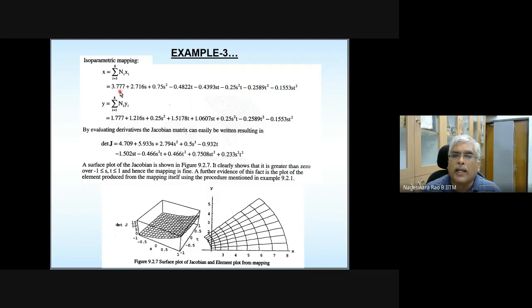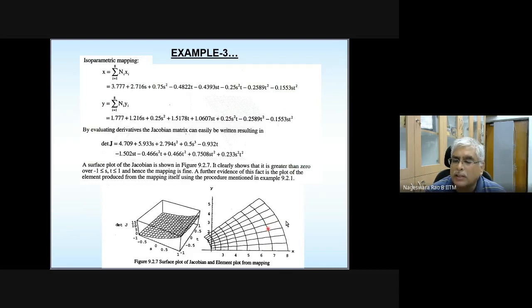Or you can plot X and Y with S going from -1 to 1, T going from -1 to 1. You can see how this plot looks, and there are no folds.